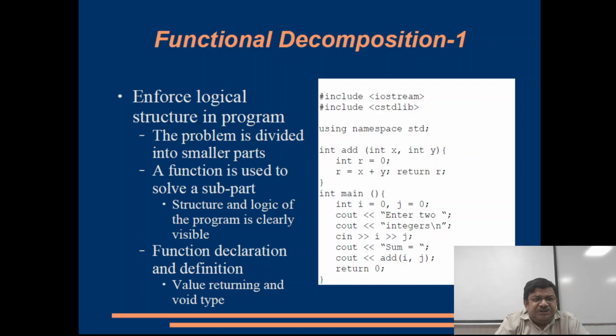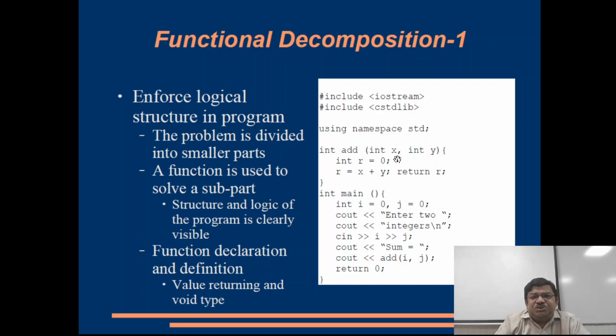So what is the difference between function declaration and function definition? Look at this piece of code that you have at the side. I define a function add. It doesn't do anything, it's a very trivial thing.